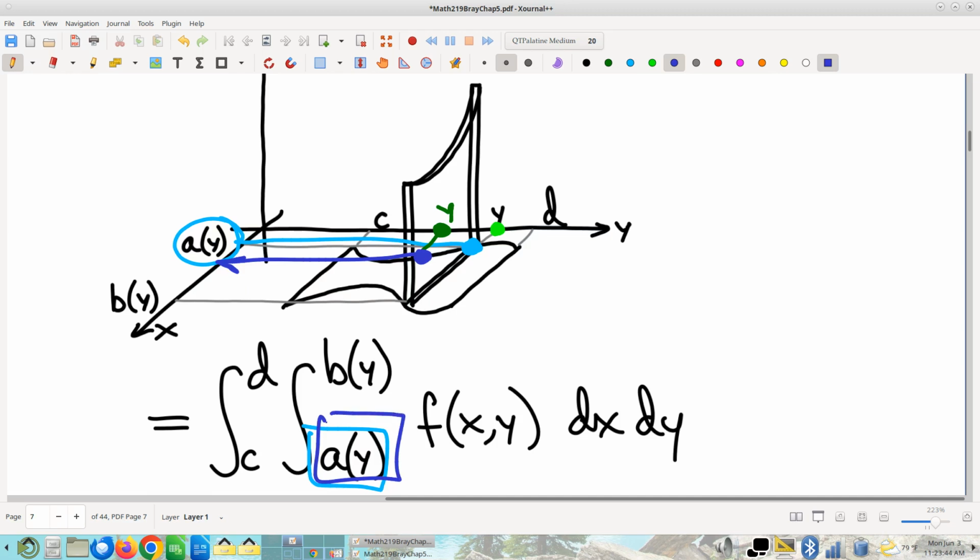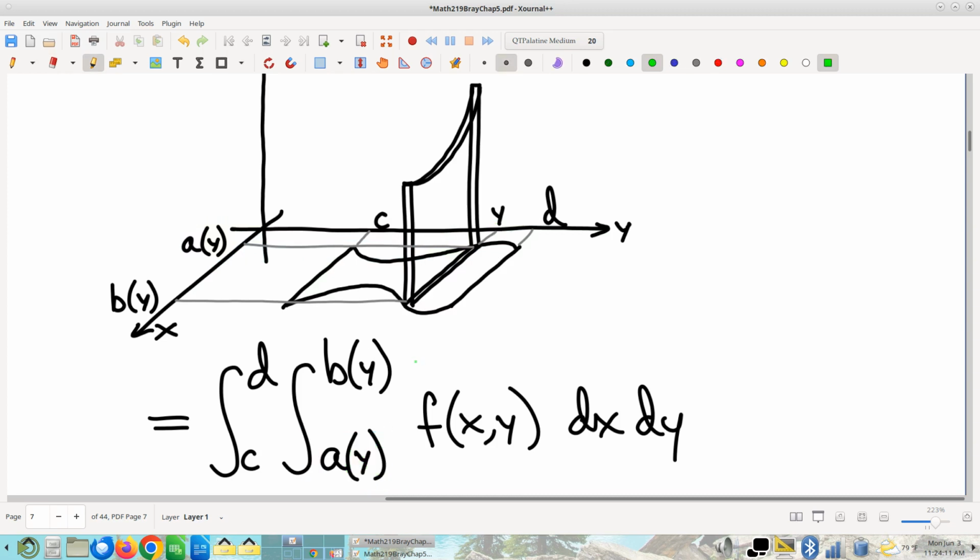So if the x-coordinate is dependent on y, that means it's a function of y, and that's why we represent the x lower bound as being a function of y. Everybody on board? That's the only difference. Everything else is pretty much the same.